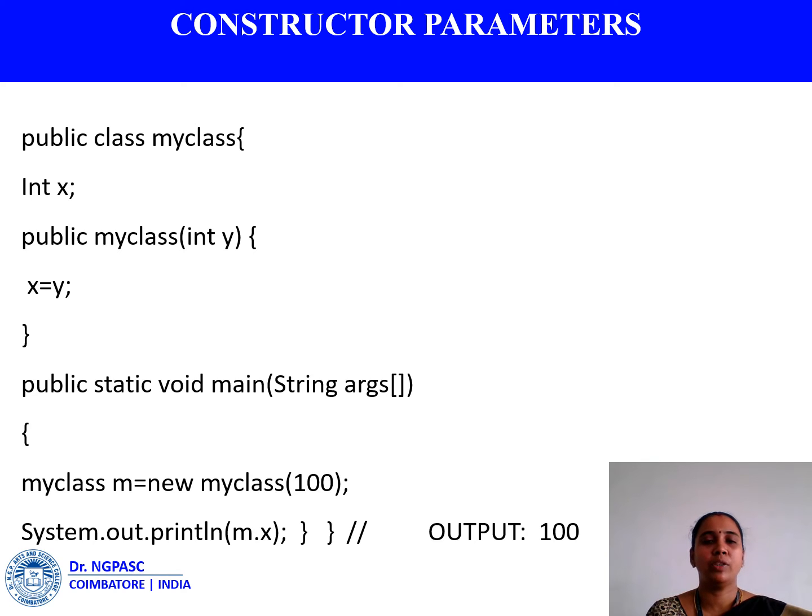So the value 100 will be passed to the parameterized constructor. The variable y will receive the value 100 and it assigns the value 100 to the variable x. After that, using the class object, I am printing the value as m.x. So the output will be 100.